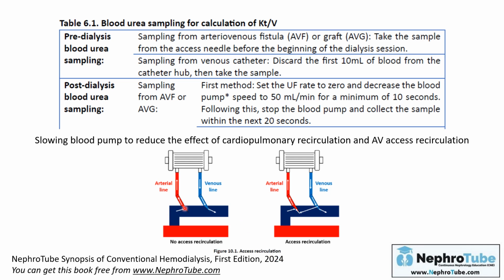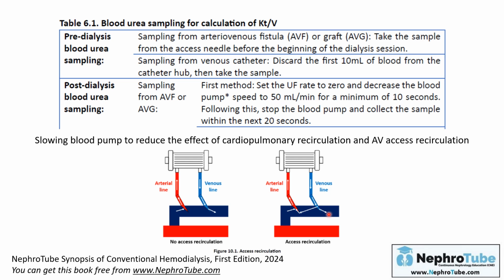Normally, if this is the arterial needle, the blood goes to the dialyzer through the arterial line, then the blood comes back to the patient through the venous line and the blood goes to the patient's body. But in some situations, some of the clean blood coming from the venous line recirculates again into the arterial blood. So we are rewashing the blood again. What are the causes of this access recirculation?